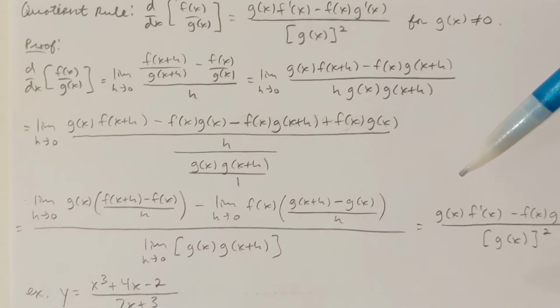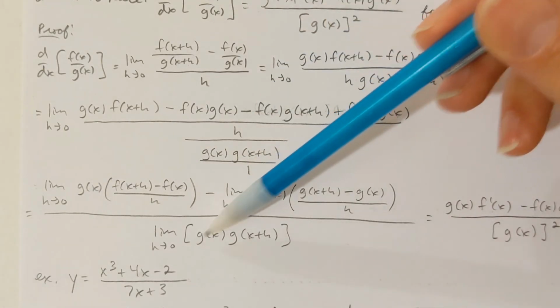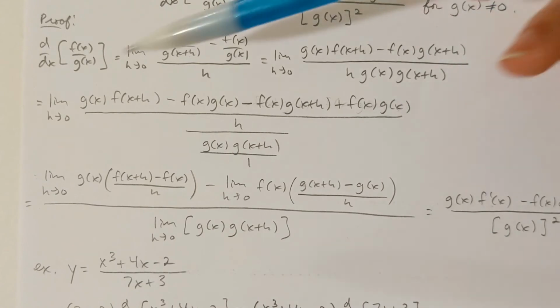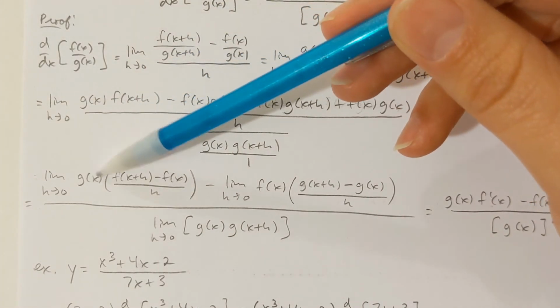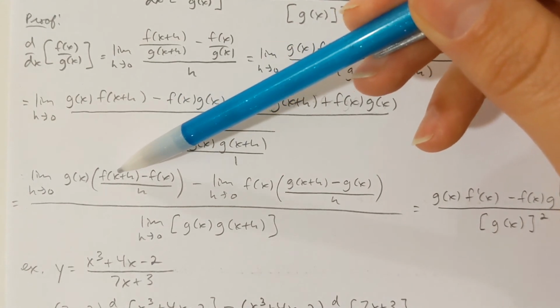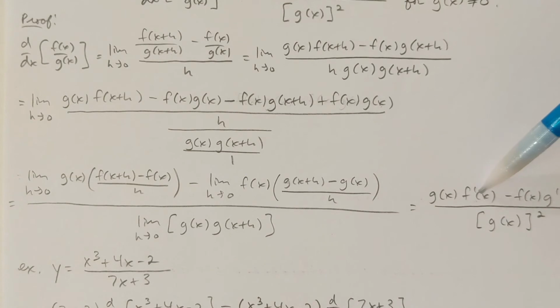The next thing you're going to do once you split this is go to the answer. The limit of a constant is always the constant, so you're going to have g of x times the limit as h approaches 0 of f of x plus h minus f of x all over h. That would be, by definition, f prime of x.